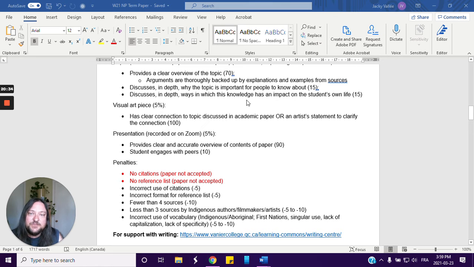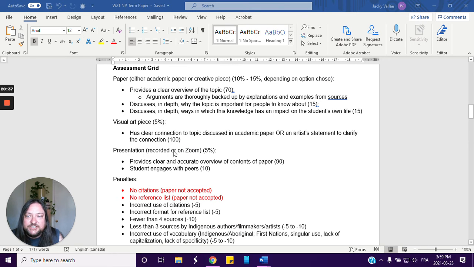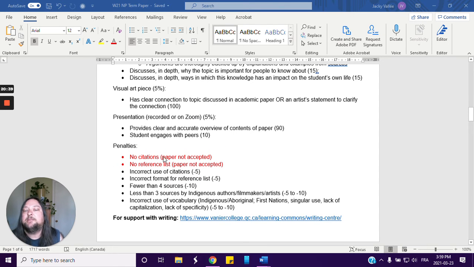So those are the points that you're going to rack up for each individual part, and then there might be penalties. If there are no citations and no reference list in your academic paper, I can't accept it. I'll give it back to you, and you're going to have to add that because that's plagiarism. If you don't resubmit something, then you're unfortunately just going to get a 0 for that.